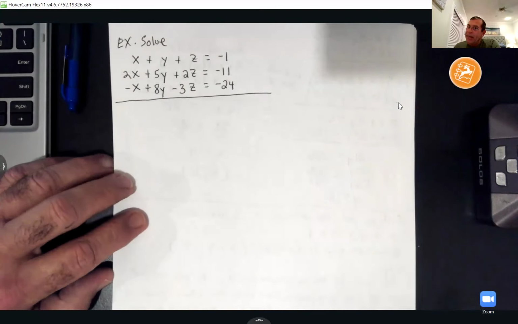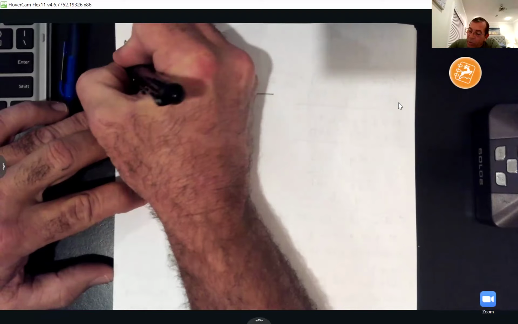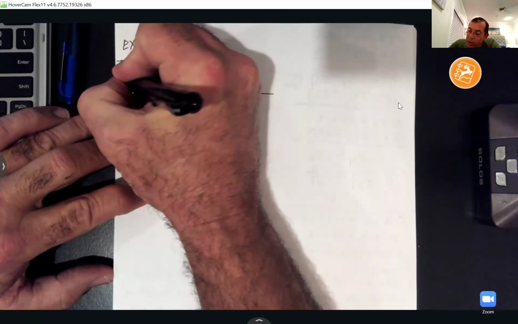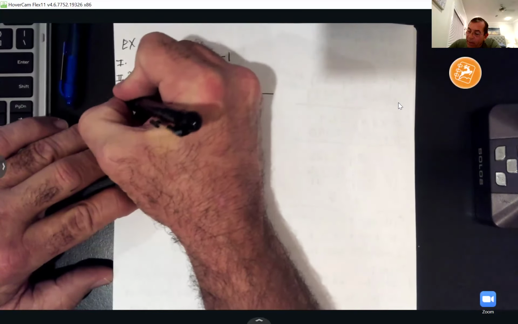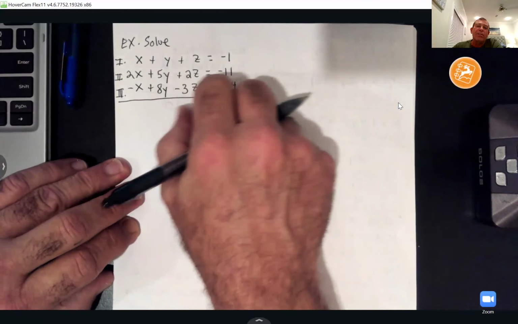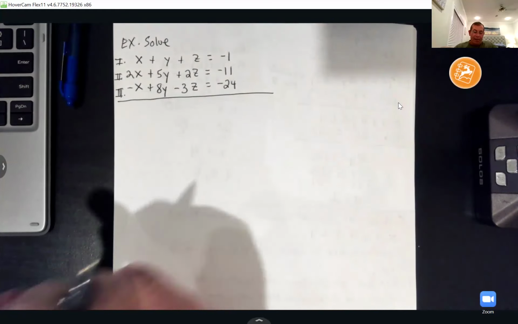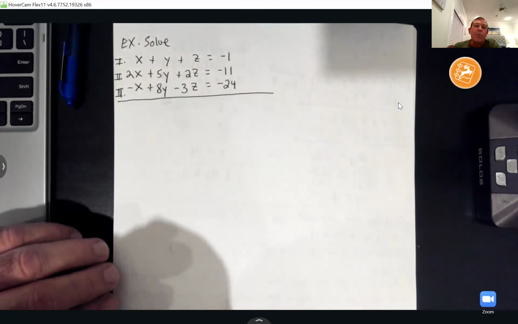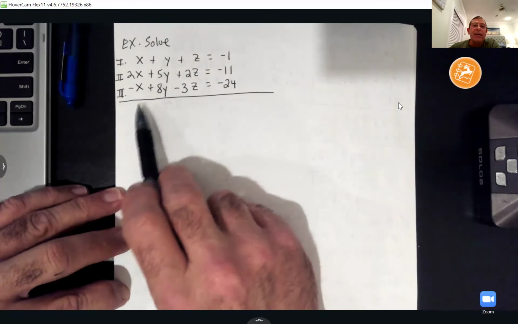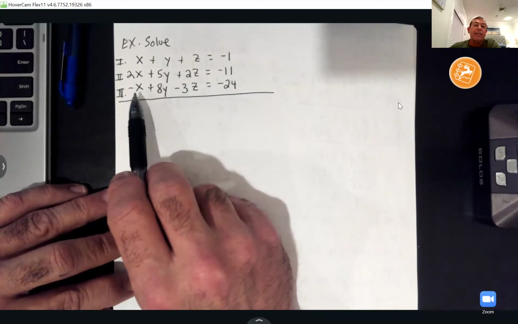Now, a good thing that I do to keep up with these, I call this equation 1, equation 2, and equation 3. I sort of label my equations so y'all see what I'm actually doing to these, okay? Now, on this one, to me, the easiest of these 3 variables to eliminate is going to be these x's.